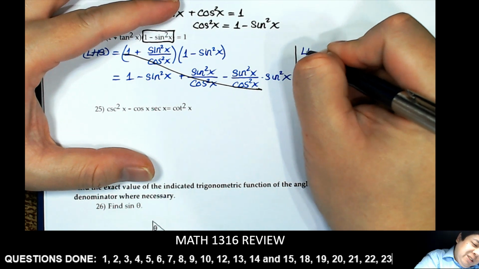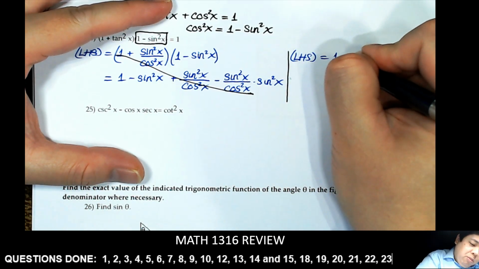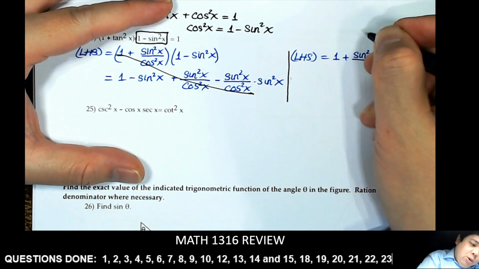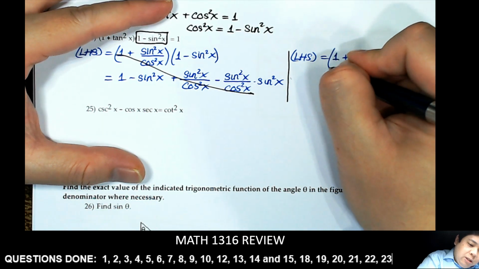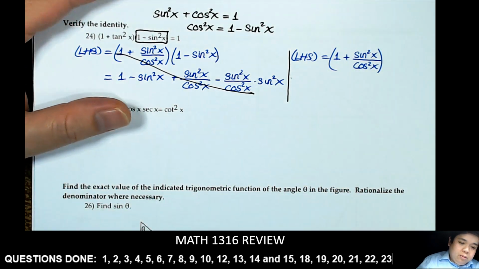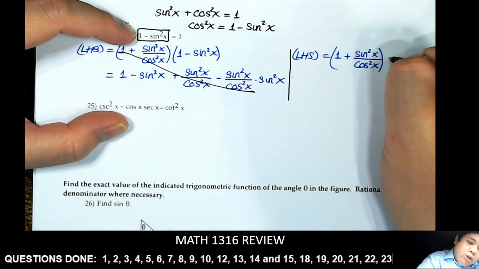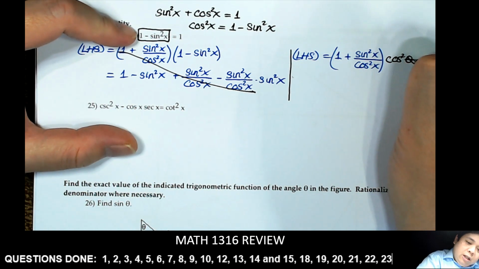We still have 1 plus sine squared over cosine squared, and then 1 minus sine squared, we're going to use cosine squared.